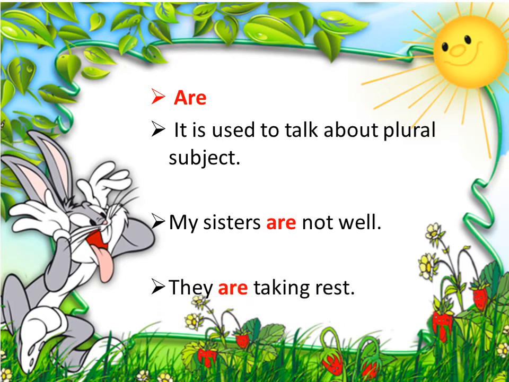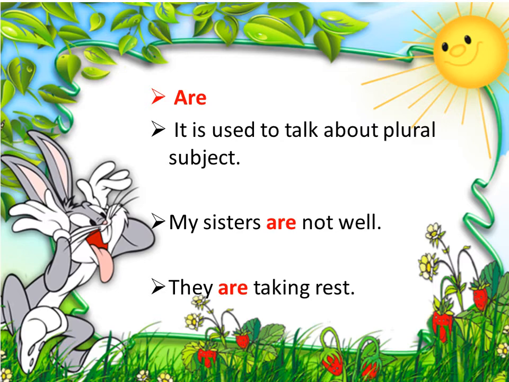They are taking rest. So right now this activity is taking place. They are taking rest. So I used are here because my subject is plural. So whenever we have to tell about any activity and we have a plural subject, we use are as a helping verb.